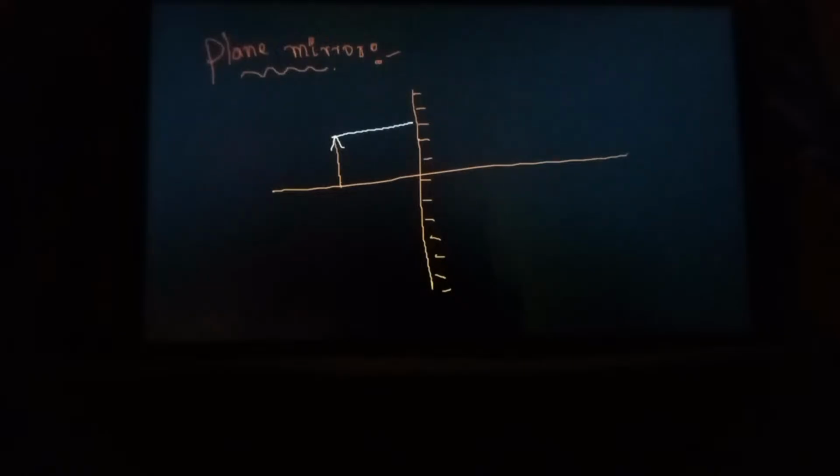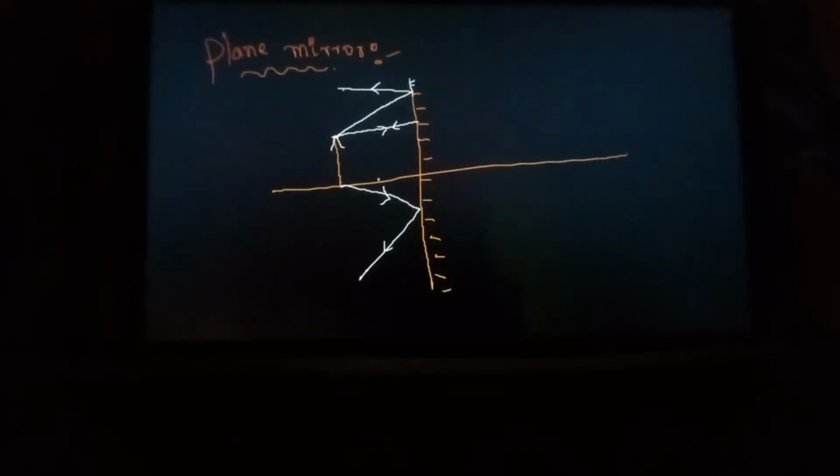How many light rays are required to form the image of the object? Minimum 2 light rays, right? So another light ray is intersecting, and it will be reflected back. Here one more light ray I am taking from here, and that will be reflected back.